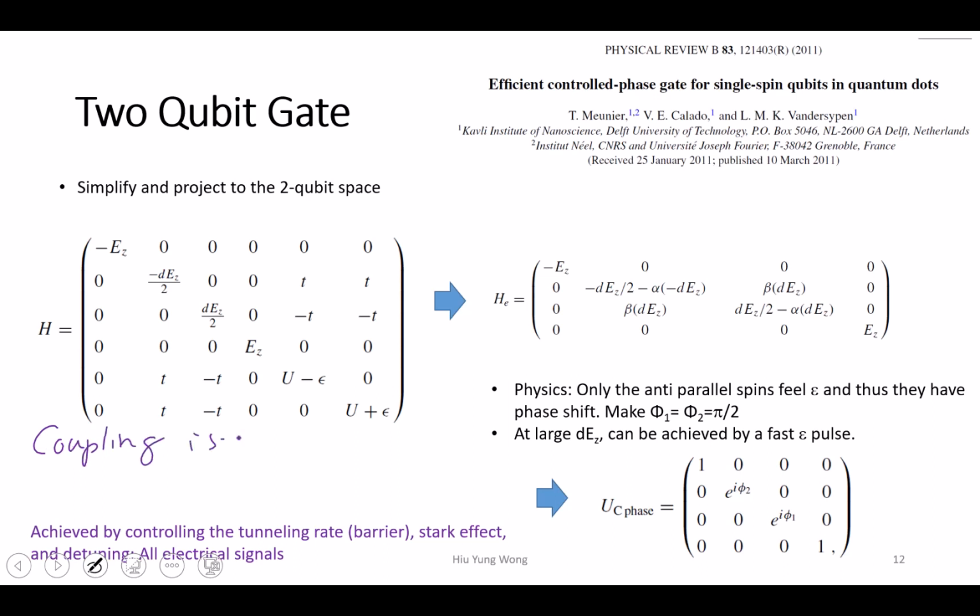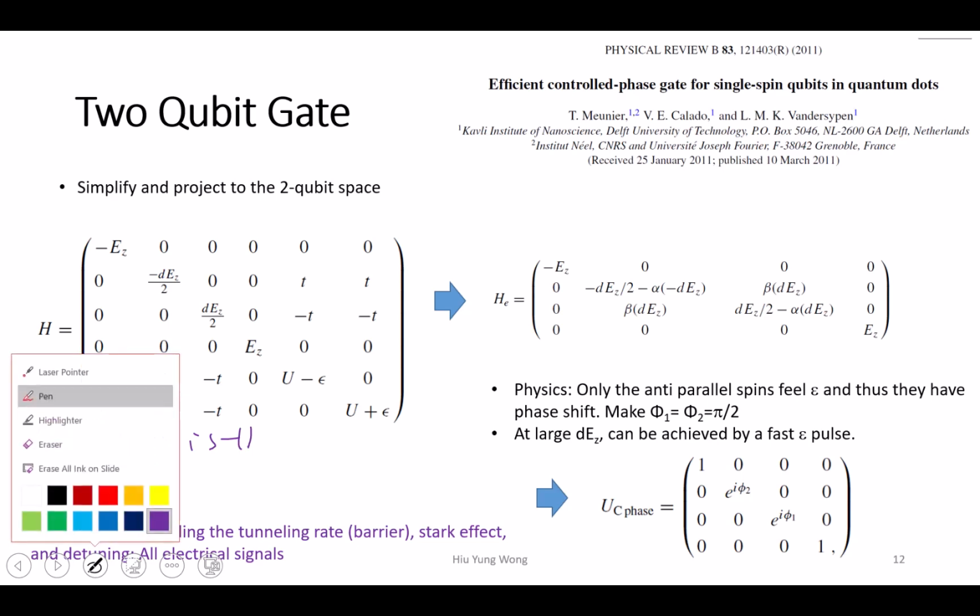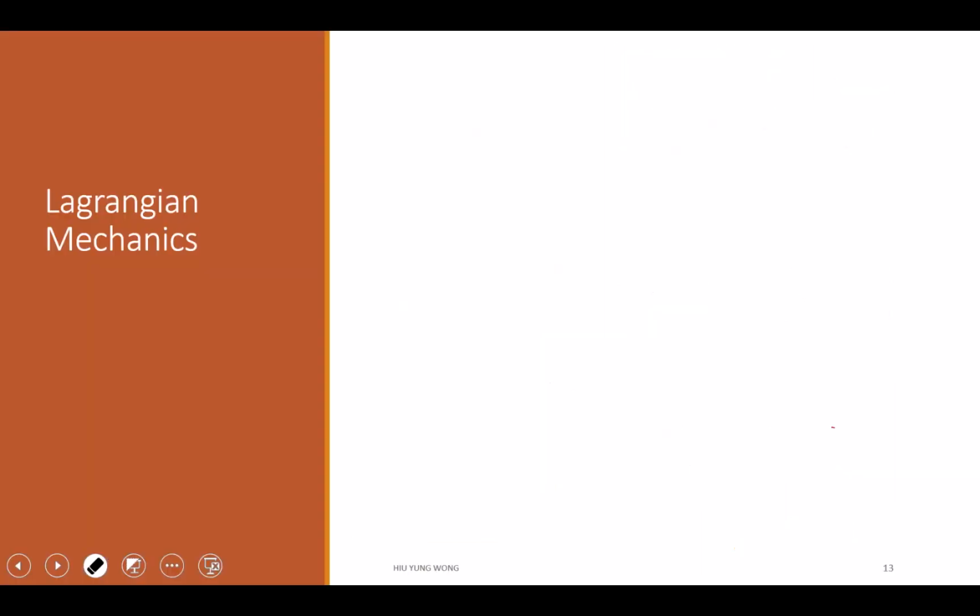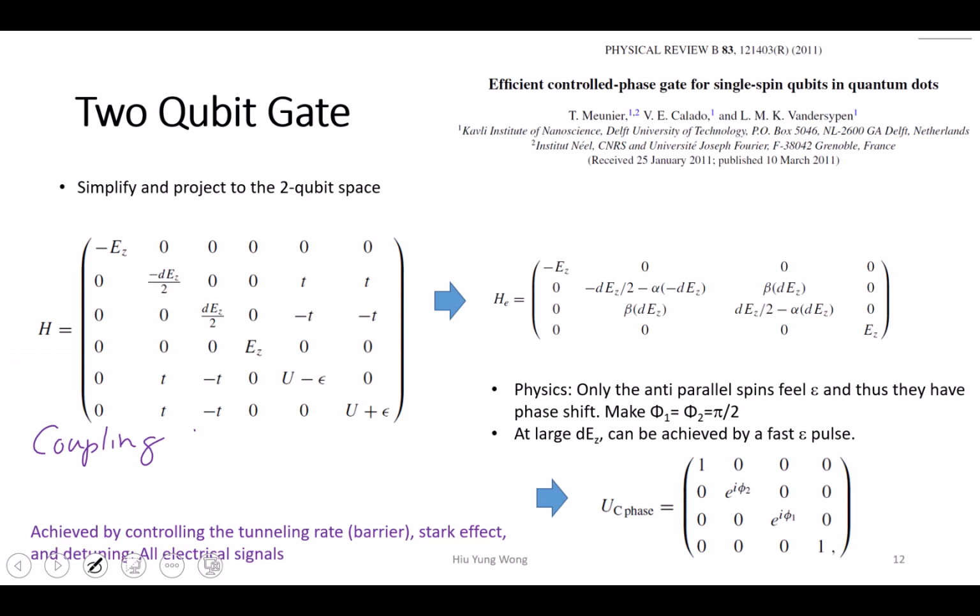is through coupling from, for example, the anti-parallel. Let me just give an example. Instead of saying anti-parallel, up and down to S. This one is through another state, which is a singlet state, right?